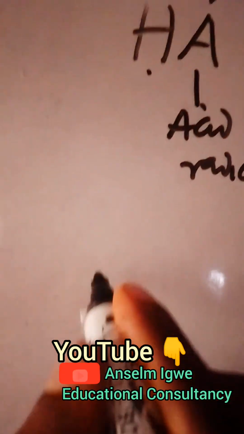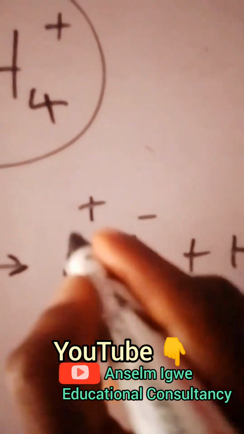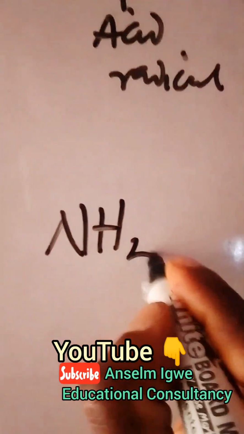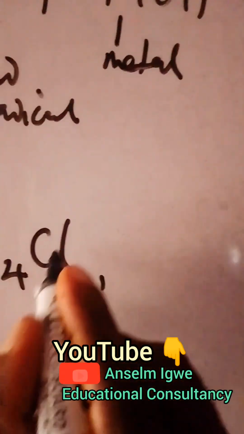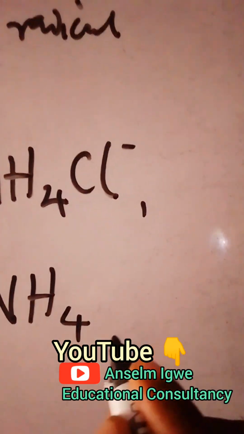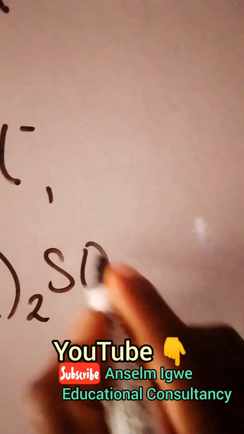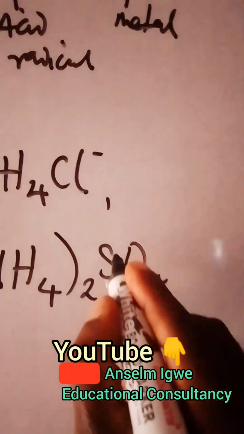Examples of ammonium salts where the ammonium ion represents the positively charged part of the salt are ammonium chloride, where chloride is the acid radical, and we also have ammonium sulfate.